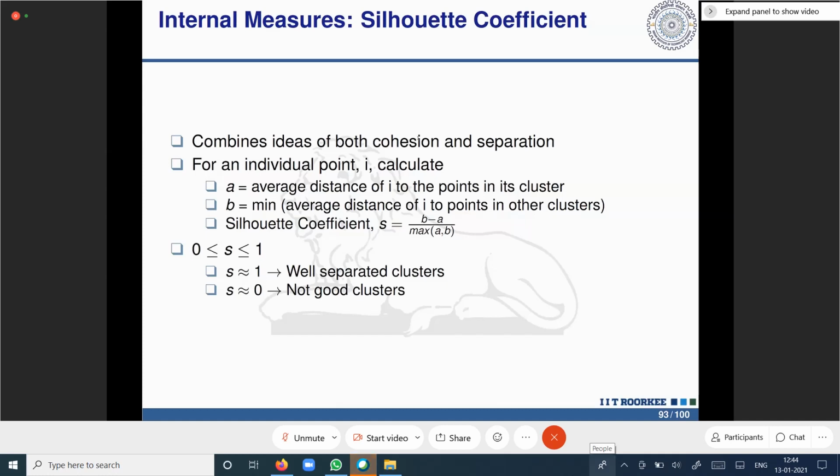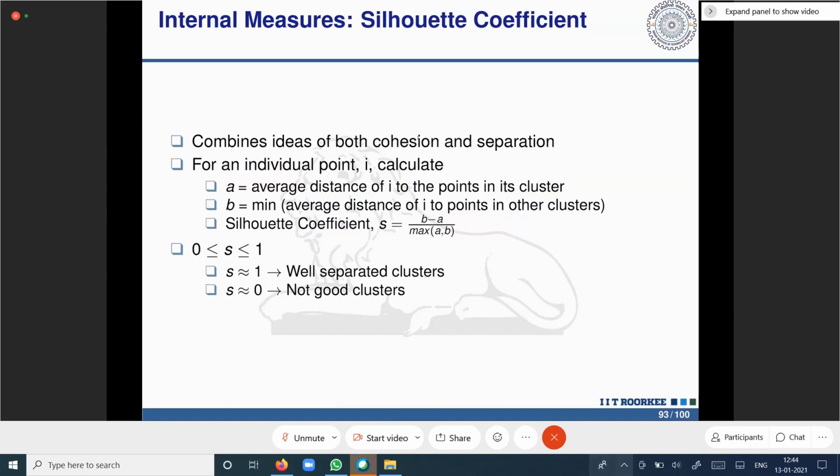Then we combine the ideas of both cohesion and separation using one measure called the Silhouette coefficient. For each point i, we find A, which is the average distance of i to the points in its cluster, and B, which is the minimum of the average distance of i to other clusters. So it's essentially the average distance of point i to the closest cluster.